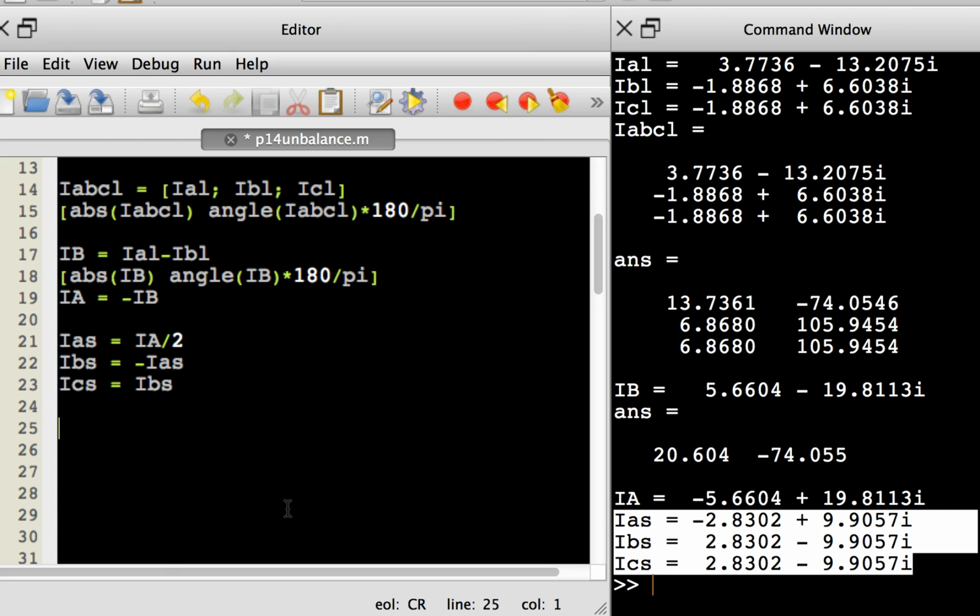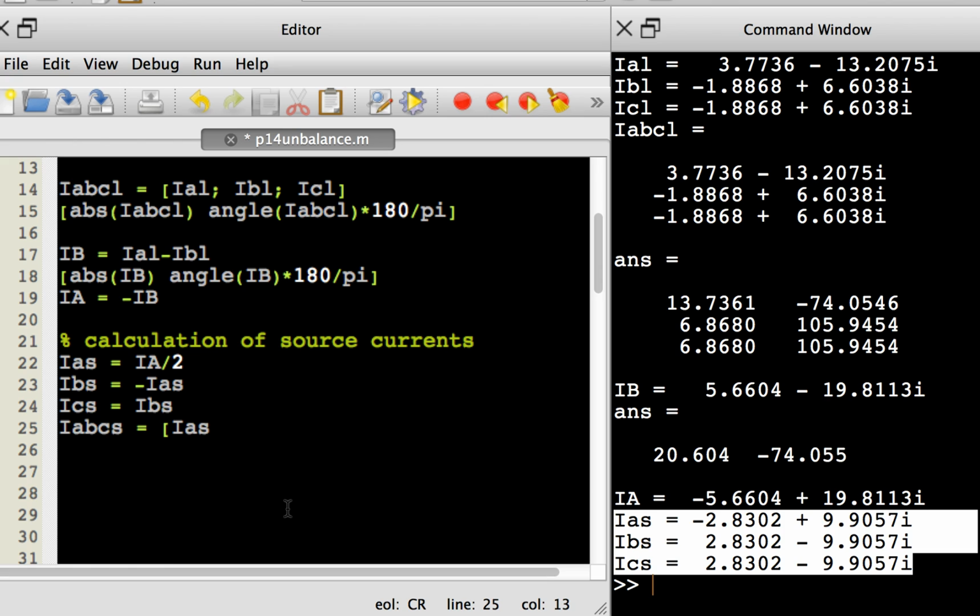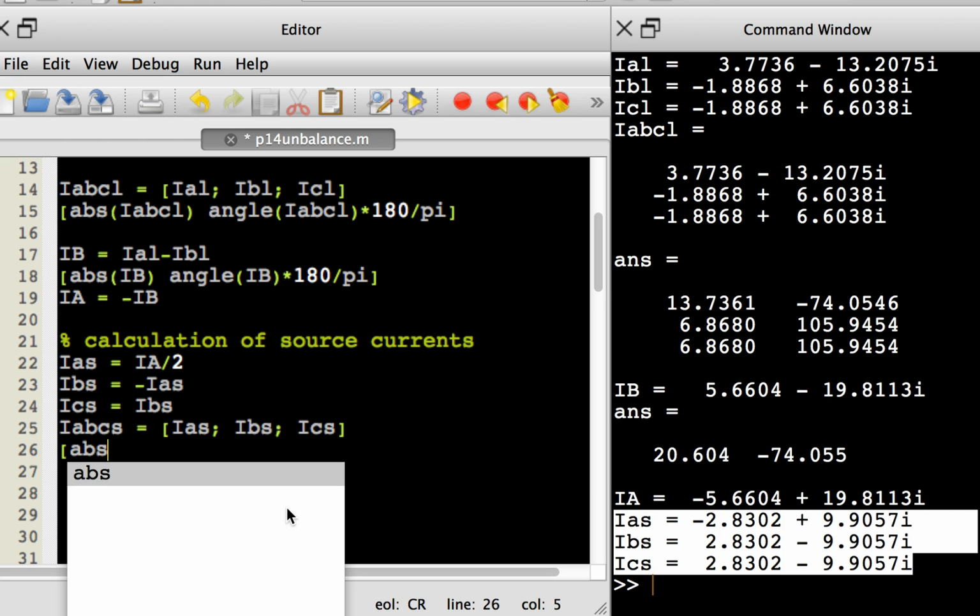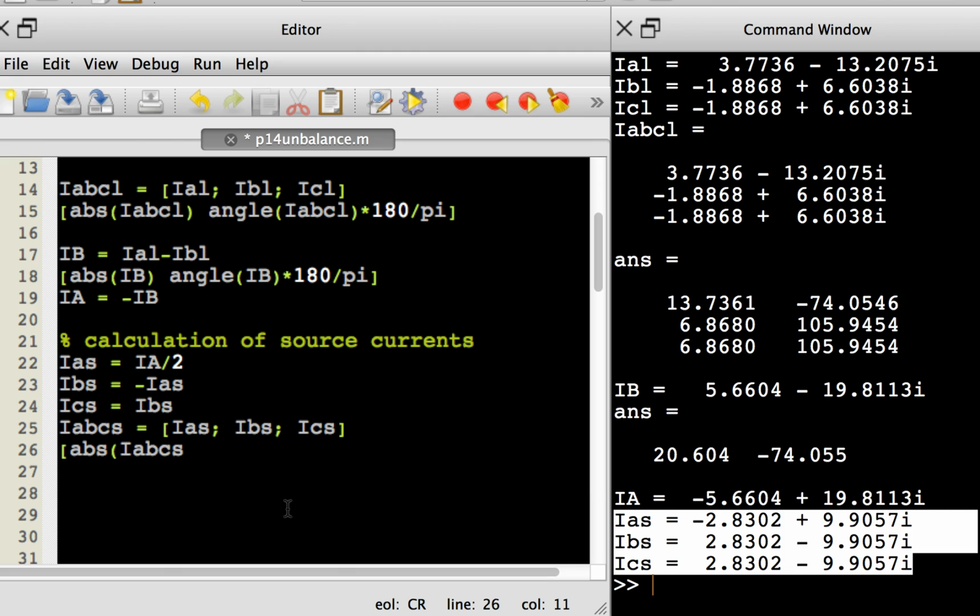So let's look at the powers. So this is the calculation of source currents. By the way, these three are IAS, IBS, ICS. I'll just combine them into IABCS and then display the absolute value of IABCS and the angle of IABCS into 180 by pi to convert to degrees.